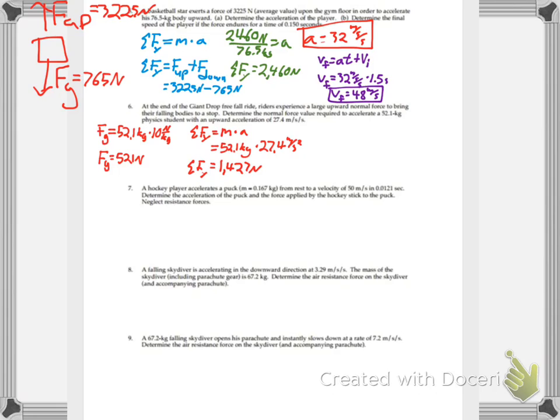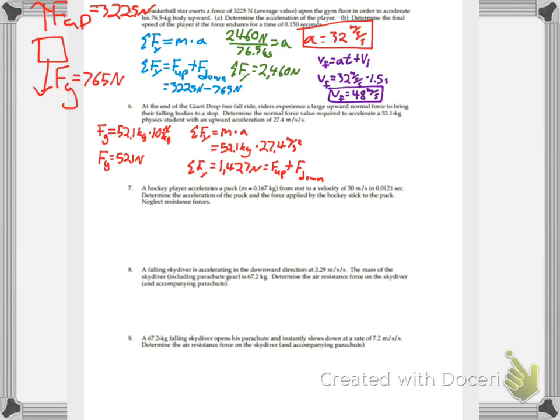So if that is the sum of our forces, that means that our up force must be that much greater than the force due to gravity. So this number is also our up force plus our down force. And we know that our down force will be negative 521 newtons.